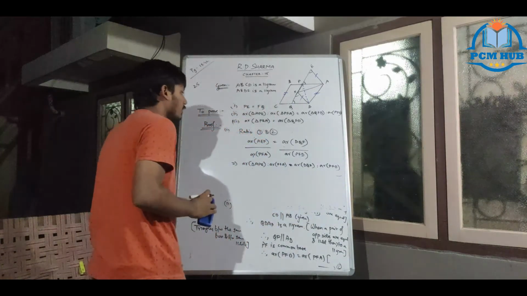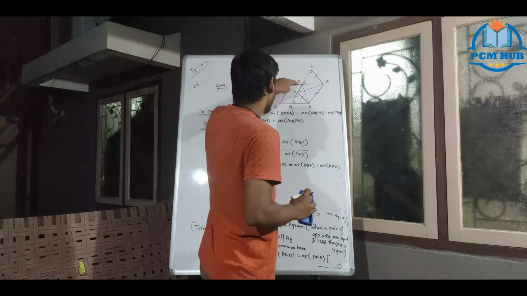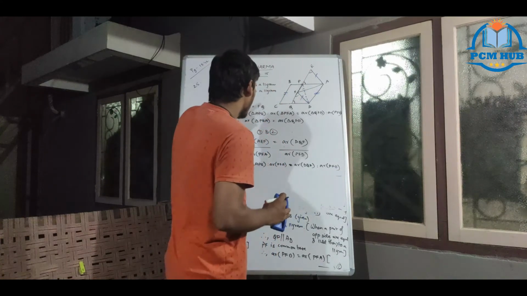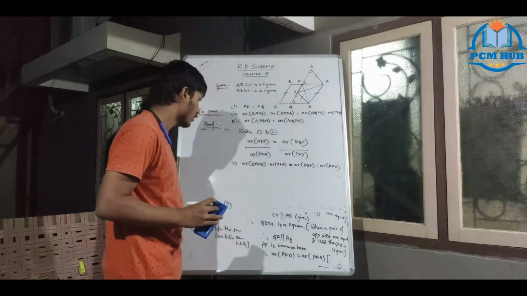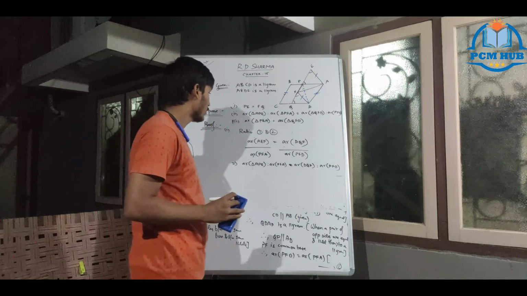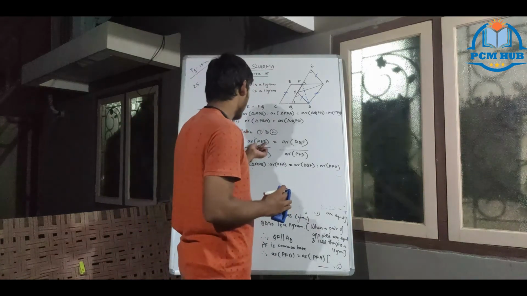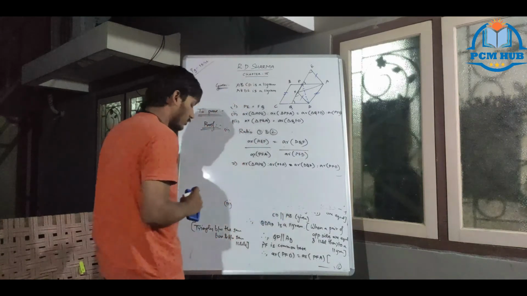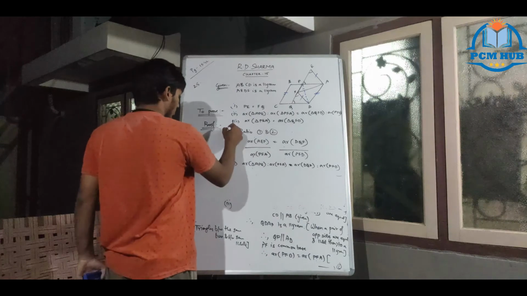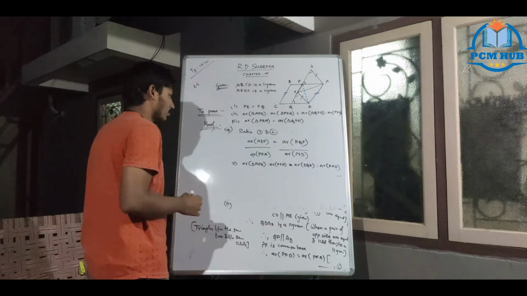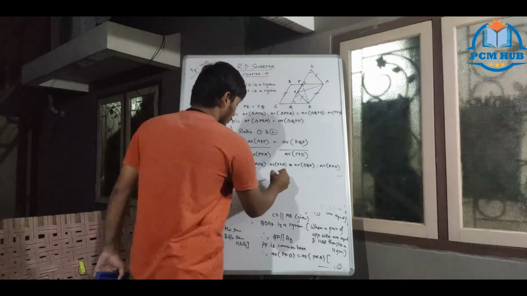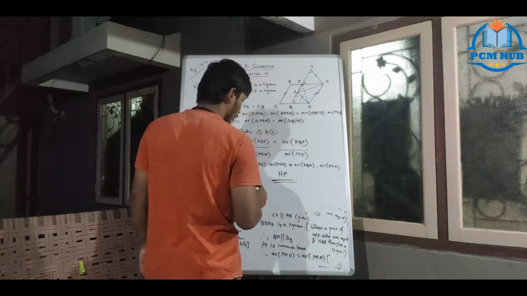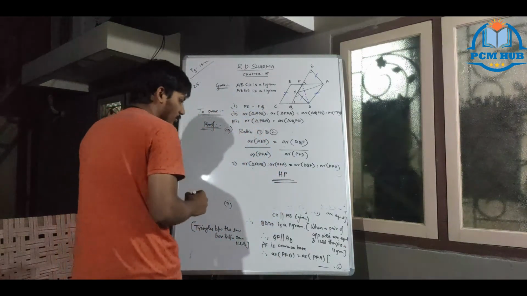Now, what is the third one? PEA equal to QFD. Already done. That means third also done. Hence proved. Already we did, from 1.